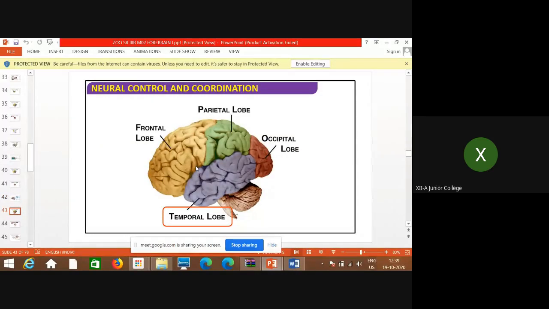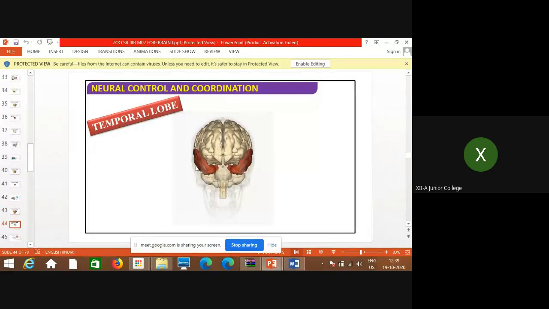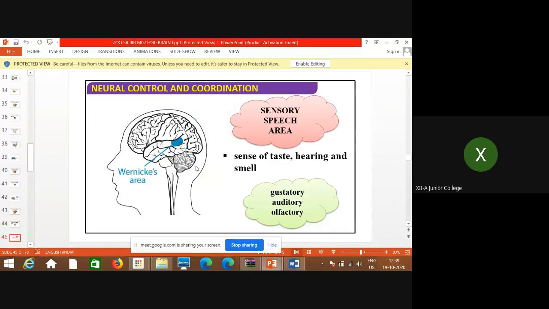Then the next is the temporal lobe. Now, in this temporal lobe, as I said, this is shown by the red color, lateral sides, that is the temporal lobe. And just remember one thing in that case, that is the sense of taste, hearing, and smell.